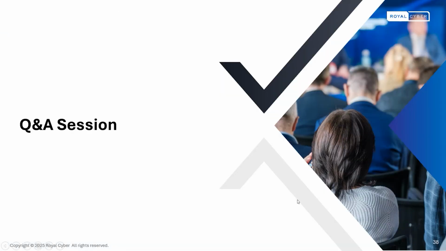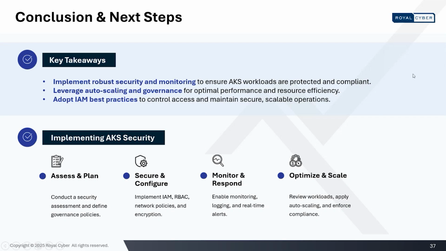By this we are concluding that AKS is the best tool we can adopt for the business. Here are some key points which highlight the AKS. To implement security, we are going to implement robust security and monitoring to ensure AKS workloads are protected and compliant.